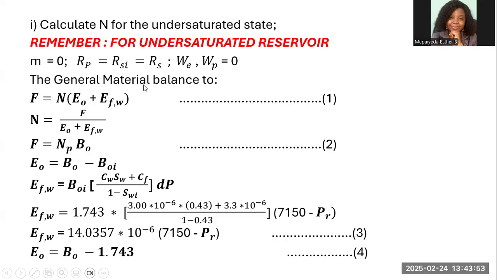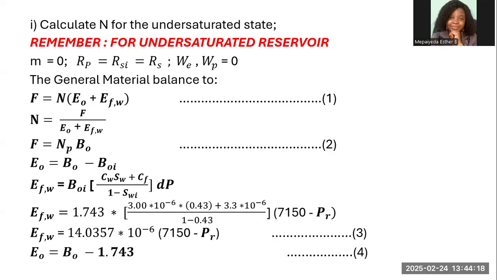And then the general material balance for the undersaturated reservoir, you have your F, you have all these. I'm sure you understand why we have all this by now. And then we estimate our Efw, because we are estimating for each of the pressures under the undersaturated state of the reservoir.